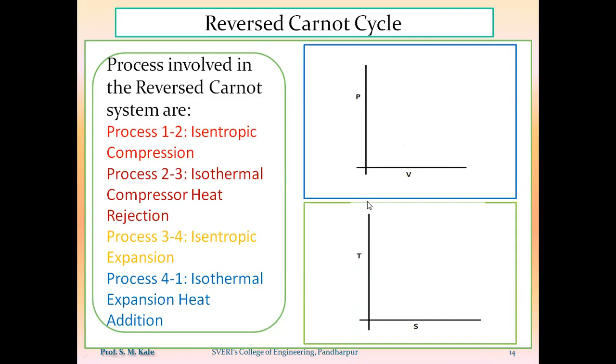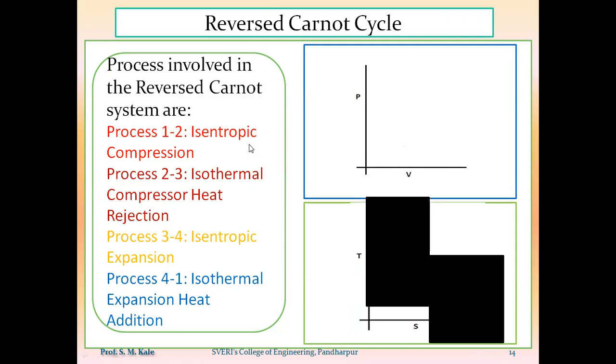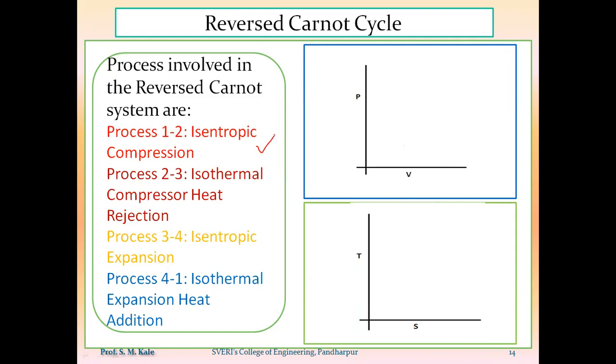When we drew the first process, the isentropic compression process, on the PV as well as TS diagram, it was a curve on the PV diagram, and on the TS diagram it was a vertical straight line in the upward direction.